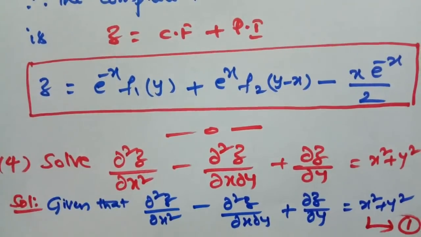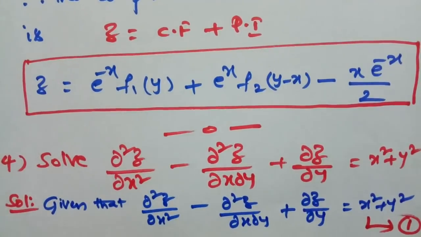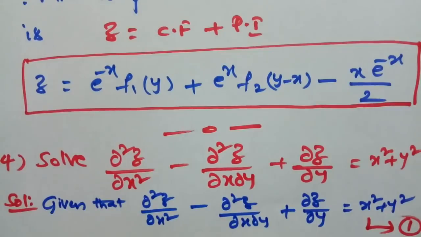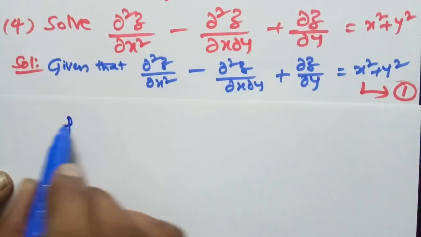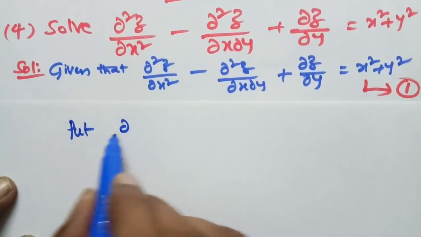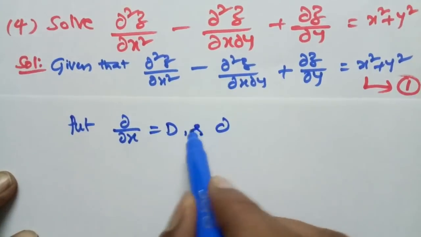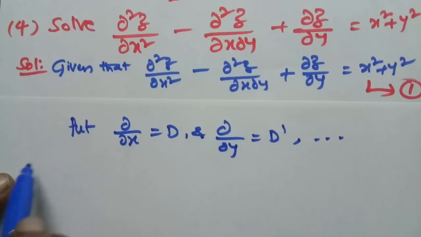Now write this equation into the symbolic form by substituting capital D equal to del by del x and capital D dash equal to del by del y. Put del by del x equal to capital D and del by del y equal to capital D dash, and so on.